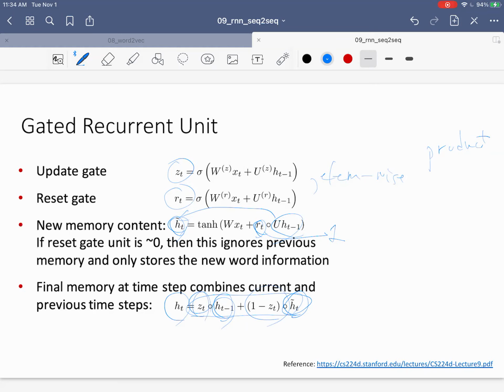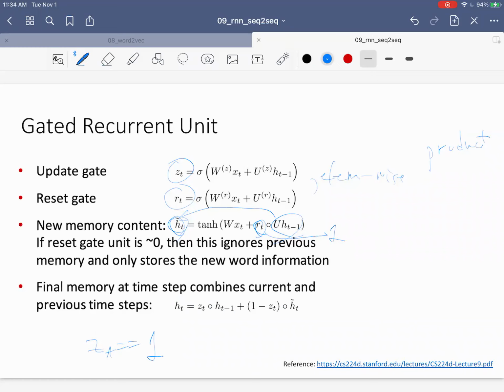If your update gate, ZT, equals 0, then what happens here? If it's 0, then this term goes away, and you're only left with your H tilde. Which means that your new memory or new hidden layer is only determined by your H tilde. But if ZT is 1, then what happens?